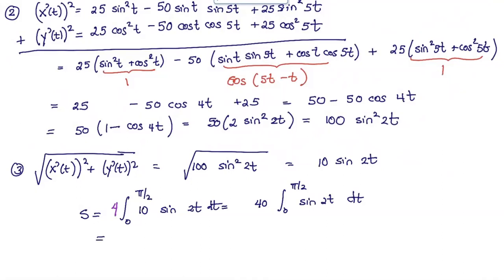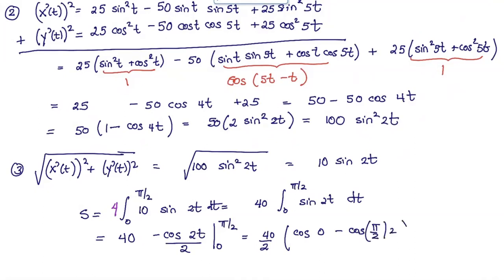We can now take the integral of that. I'm going to leave it to you to work out those details, and we end up with negative the cosine of 2t all over 2, evaluated between 0 and pi over 2. This is going to give me 40 over 2 times the cosine of 0 minus the cosine of pi over 2 times 2.